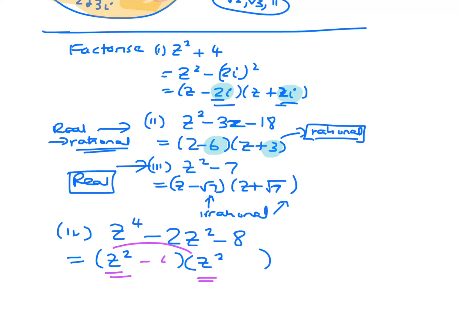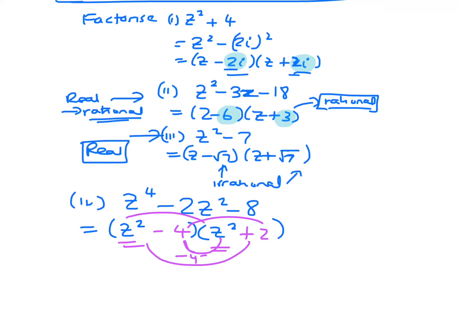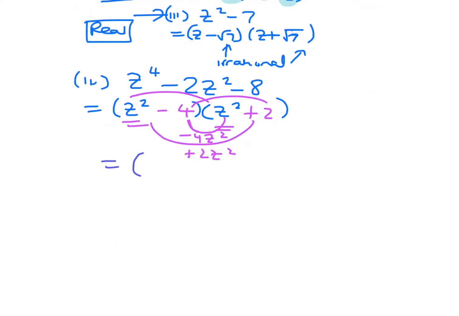And here you'd put minus 4 and plus 2, because minus 4 times 2 gives you the minus 8. The middle terms would be minus 4z squared plus 2z squared. Therefore, if you wanted to do it over the rational field, you could take the z squared minus 4 and make it z minus 2, z plus 2, and both those factors are still rational. So that would be over the rational field.